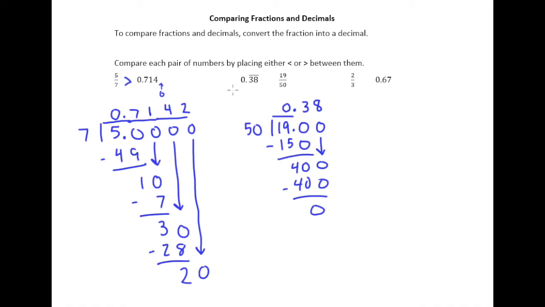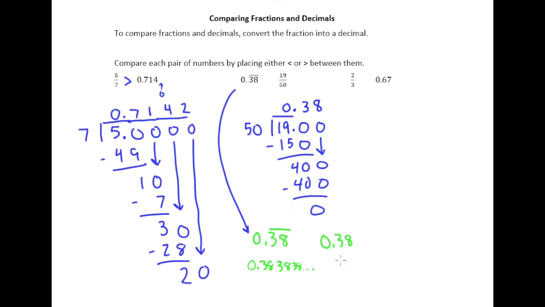So I've kind of rewritten this problem down here to say which is bigger, 0.38 with a bar over it or 0.38. Well, we understand what this means, right? 0.38 with a bar over it means 0.38, 38, 38, and so on.